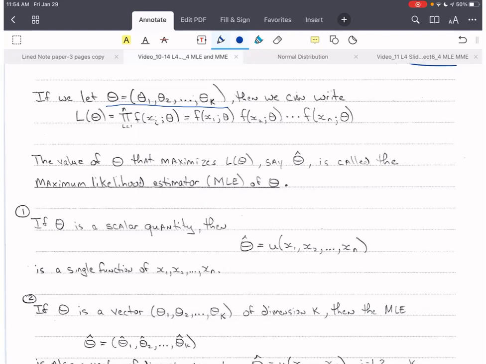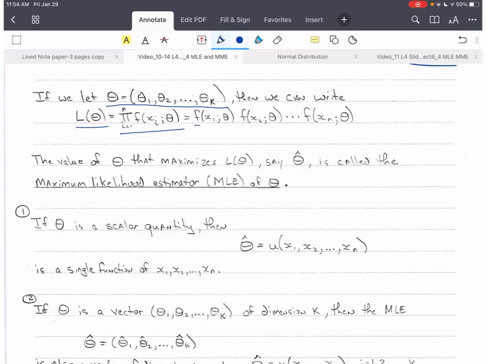Then we can write this as the likelihood function, and this is the most common way that you see it. So it could work for just one theta or a bunch of thetas, okay? Which may seem confusing to you, but that's the convention. So the L of theta is going to be the product of f of xi and theta, okay?